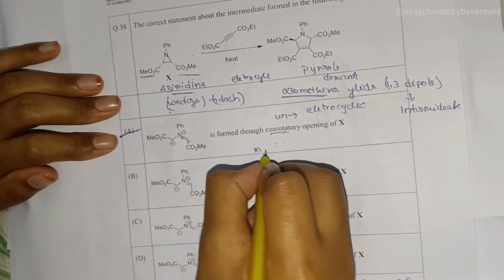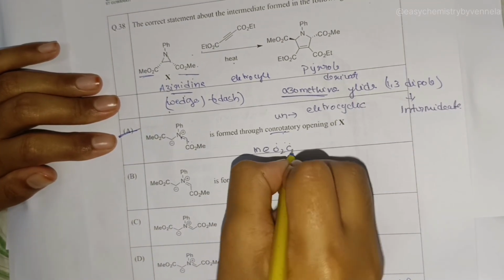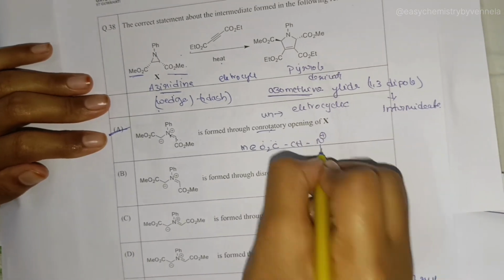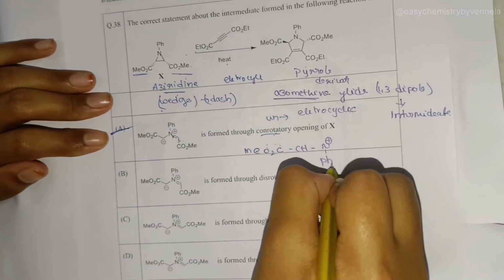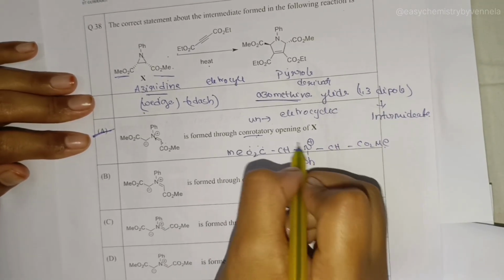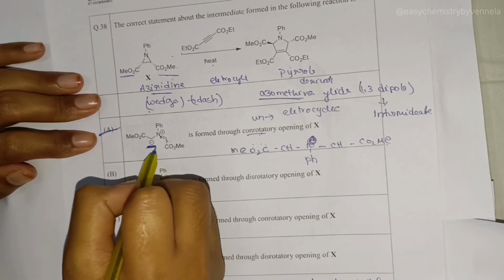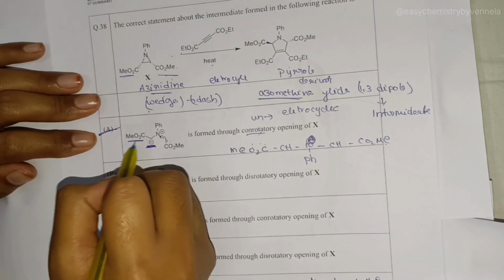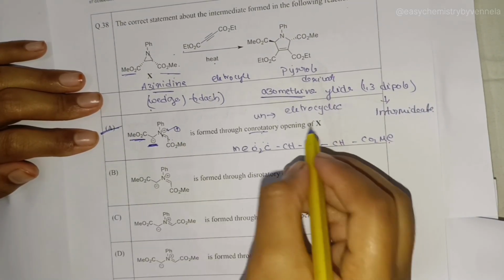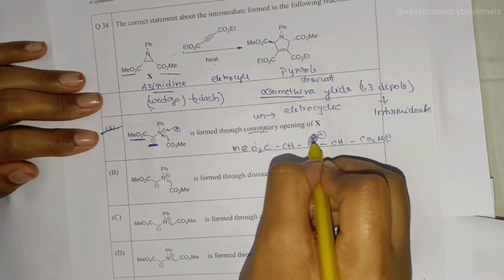Here carbanion, CH, N carbocation. This is the reaction. Negative charge on carbon will be adjacent to this one. Next, nitrogen carries positive charge.